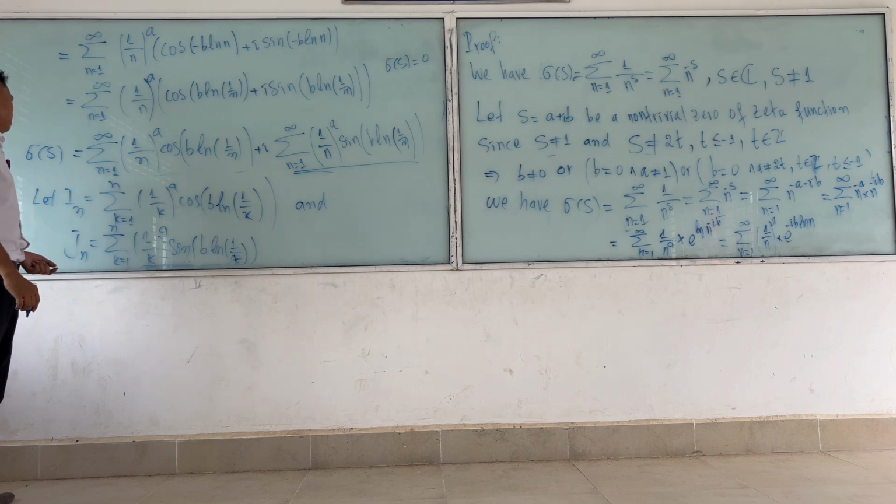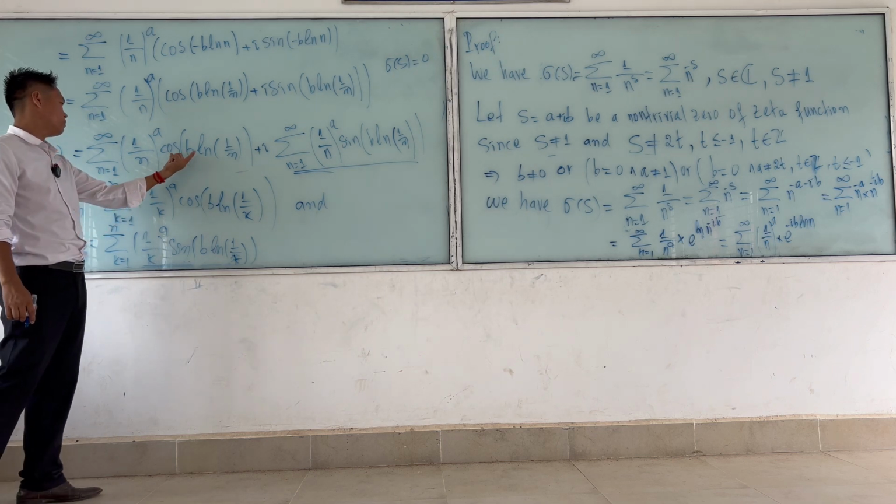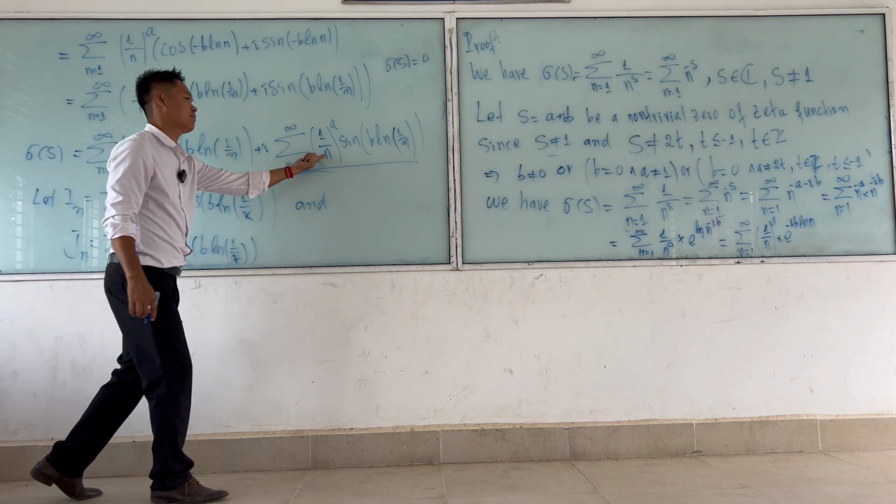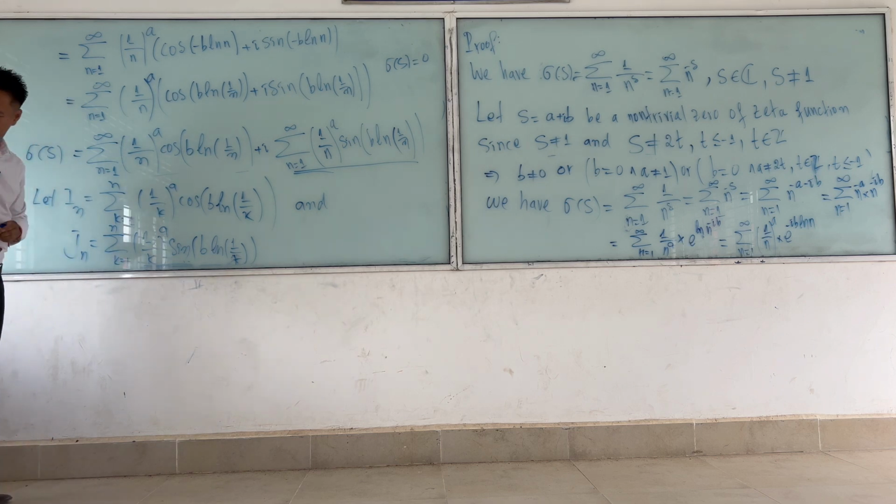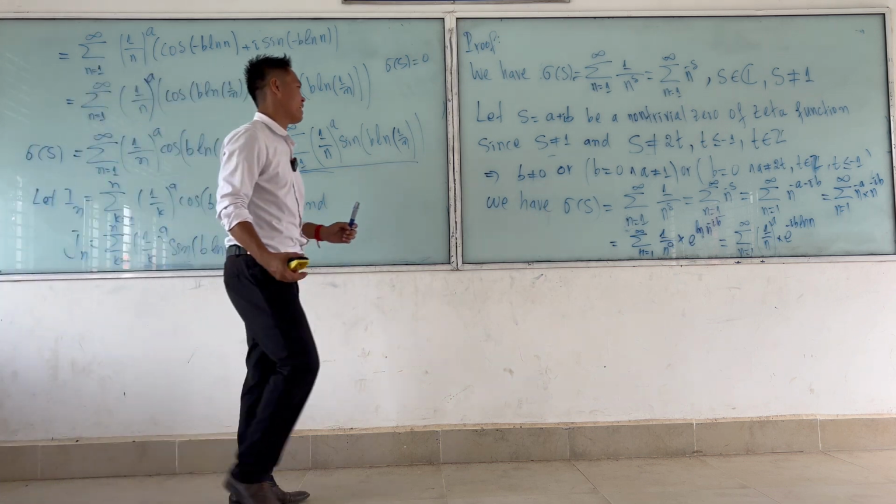In fact, this is related to this term and this is related to this term, and if we take n goes to infinity in I_n and J_n, what do we get?